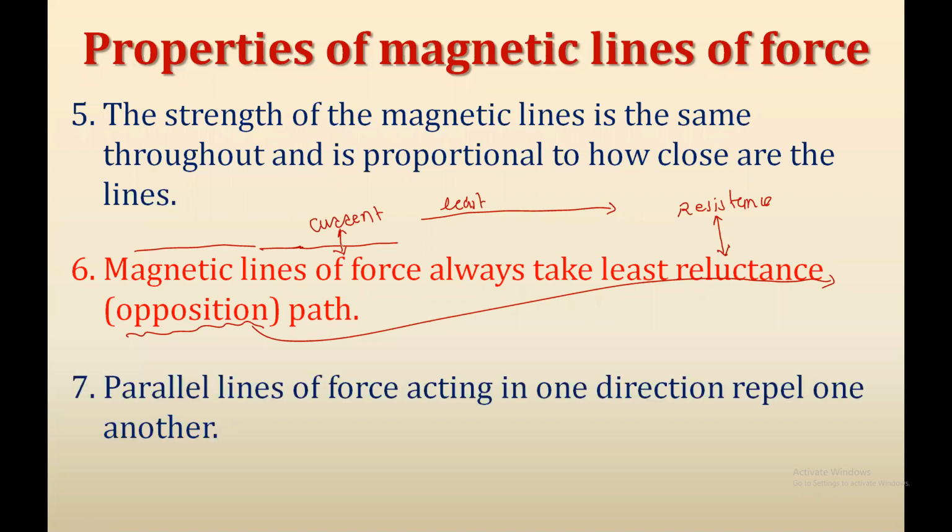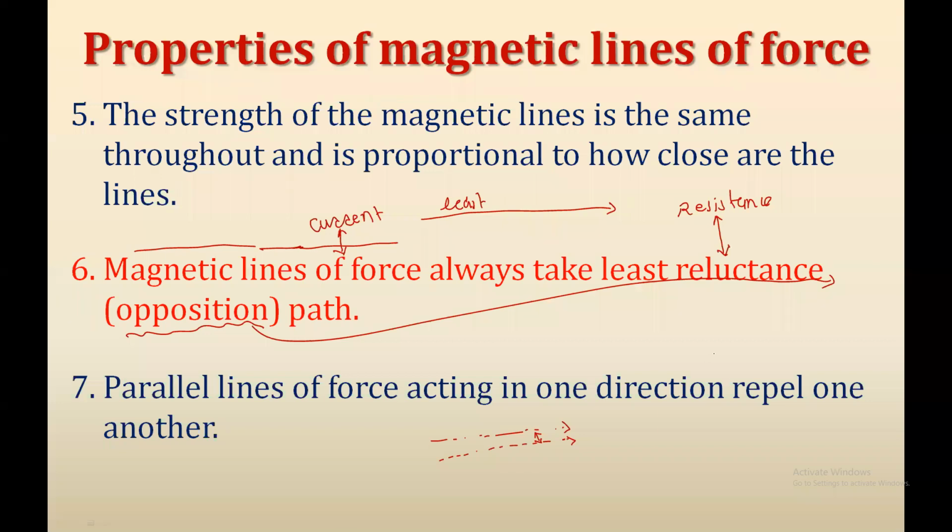The seventh property is that parallel lines of force acting in one direction repel one another. It means that suppose I consider a magnetic line of force in this direction, and another magnetic line of force parallel to it and in the same direction, then it is observed that there is a repulsion between these two parallel lines acting in one direction.